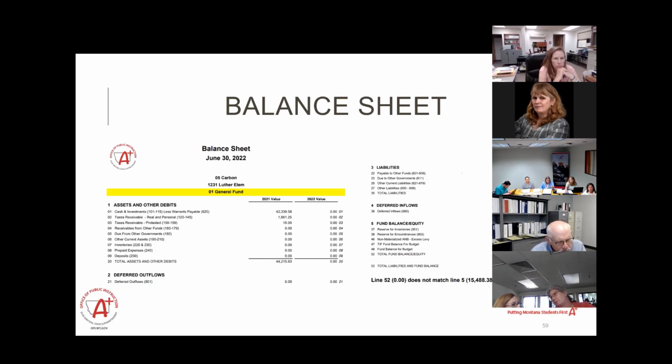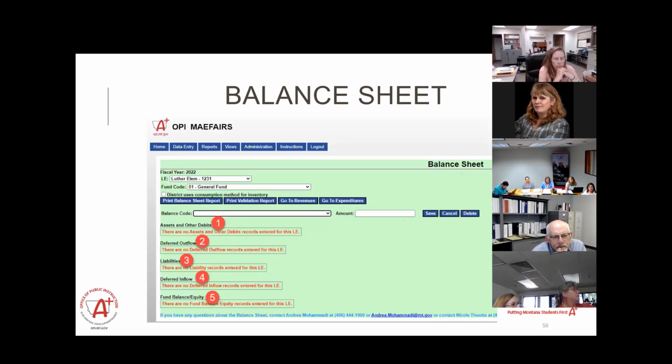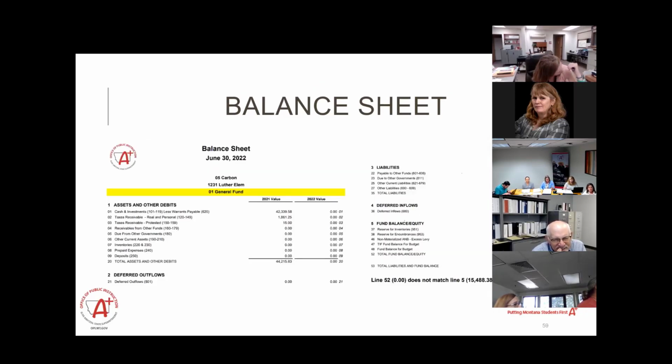You want to go back to that one where it says assets and other debits, and then you go to your balance sheet, next slide, and you can see where it's got 1, 2, 3, 4, and 5.